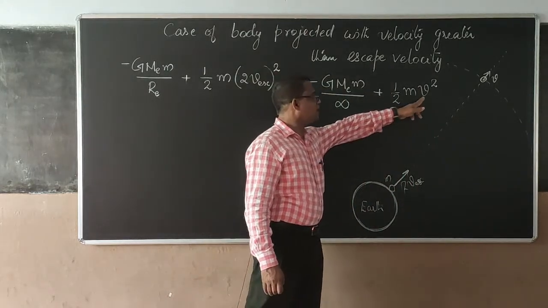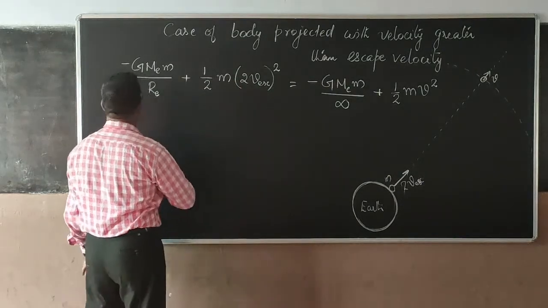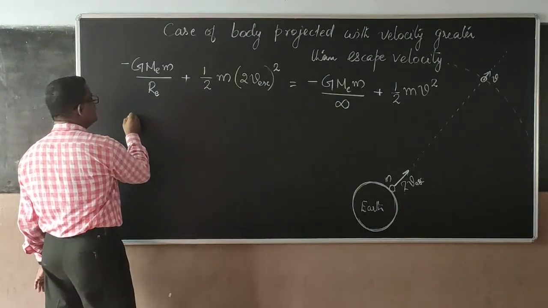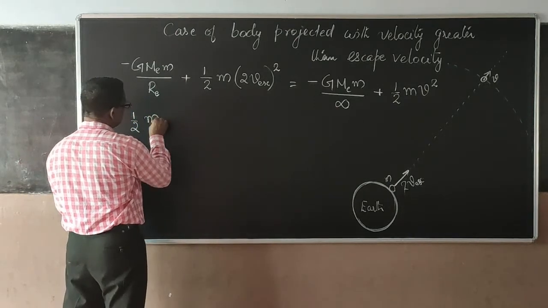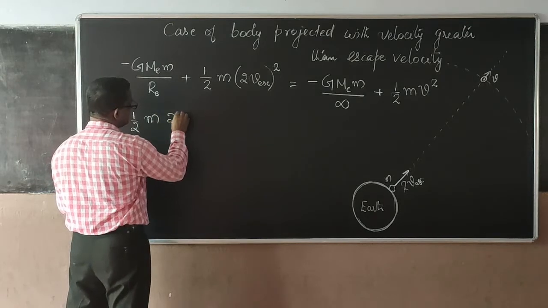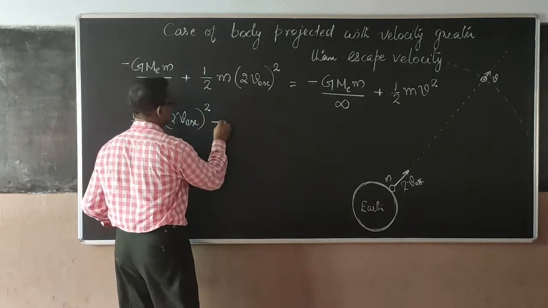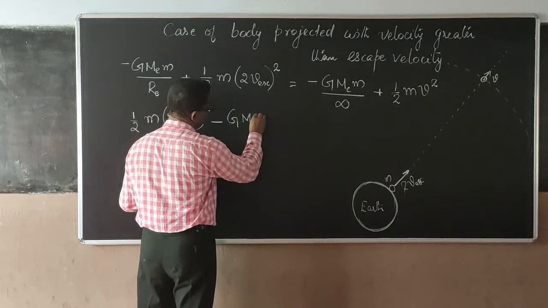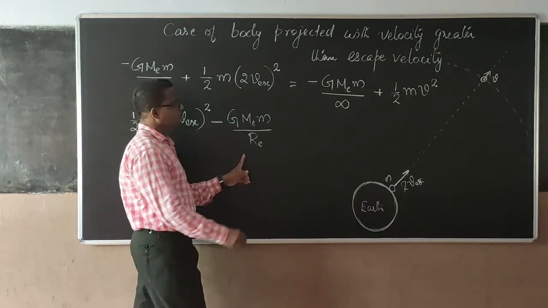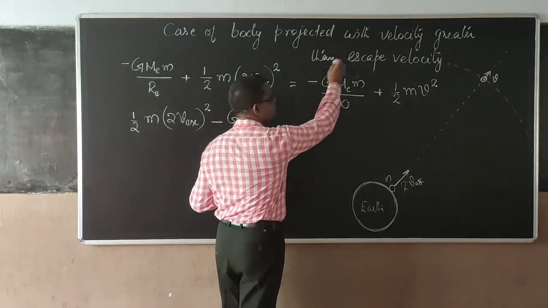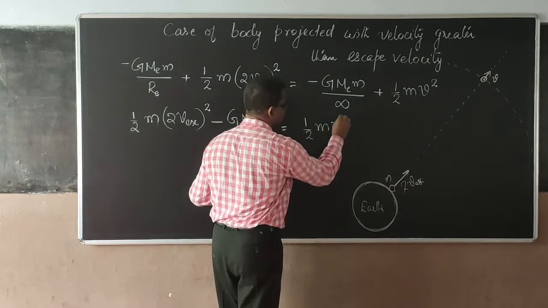Now our aim is to find how much is this v. From this it's very clear that half m into (2 v escape) squared minus G Me m divided by Re will be equal to, this will be 0, half m v squared.